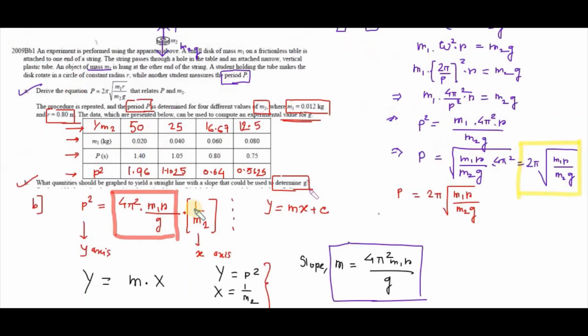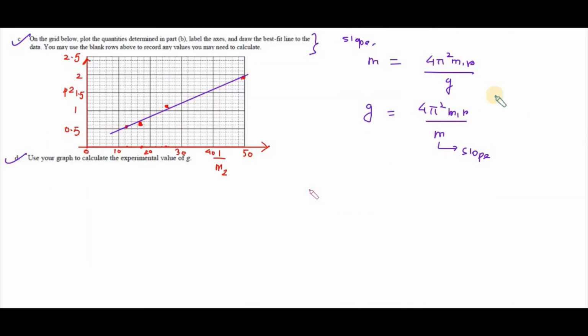Note that the m1 and r values are already given: m1 equal to 0.012 kg and r equal to 0.8 meter.